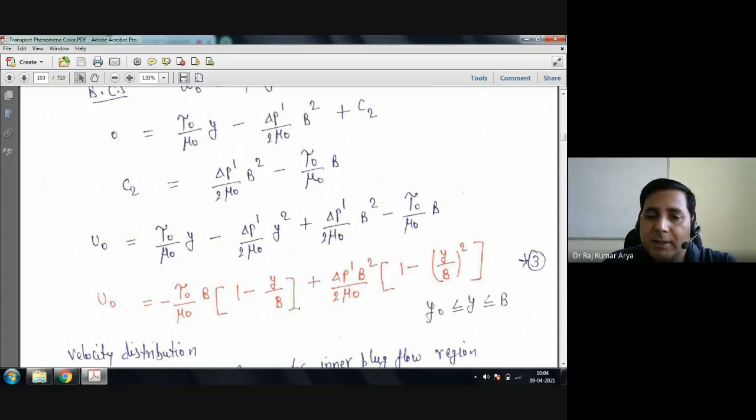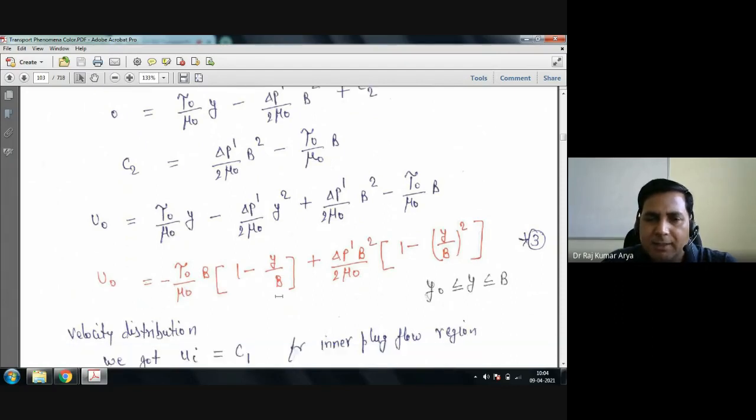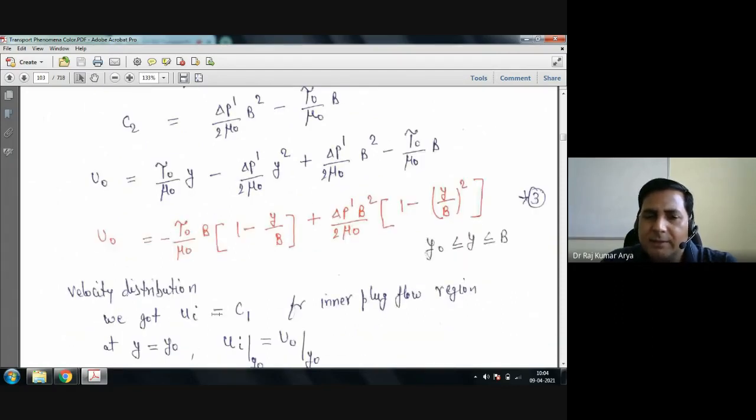The inner region we need to calculate. For the inner region we say that till y naught the velocity is not changing, right? That's what we have calculated. Correct or not? This is what we got earlier, right? Ui equal to C1 for the inner plug flow region, right?